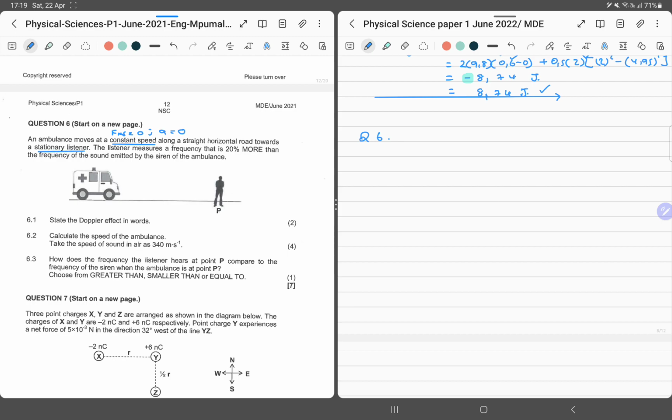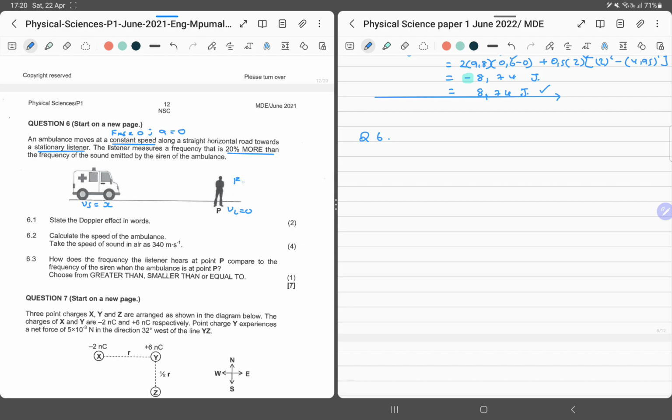So the velocity of the listener is 0. So we know that here VL is 0, but the velocity of the source is some value x if we choose. Now the listener measures a frequency that is 20% more than the frequency of the sound emitted by the siren on the ambulance.